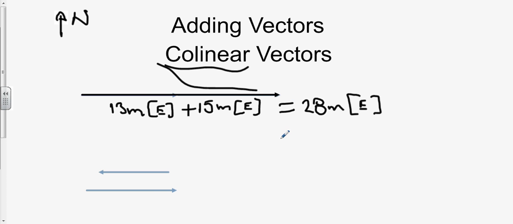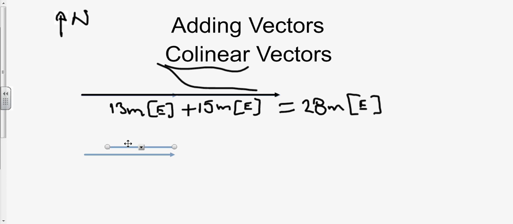Now, we need to pay a little bit of attention to direction. Remember, the vector has a direction as well as a magnitude. So let's look at the next example. Let's look at these two vectors down here. So here's my first vector, we'll call it vector 1. And here's my second vector, we'll call it vector 2.